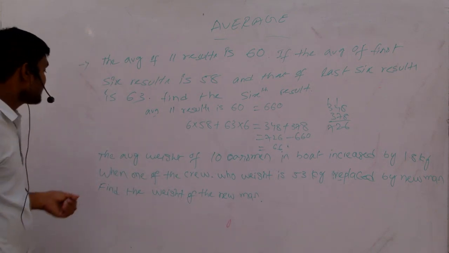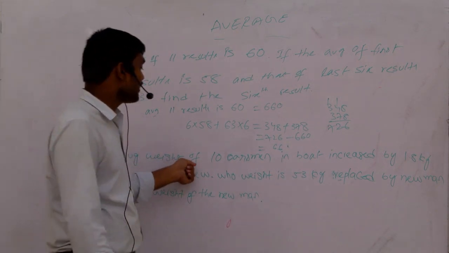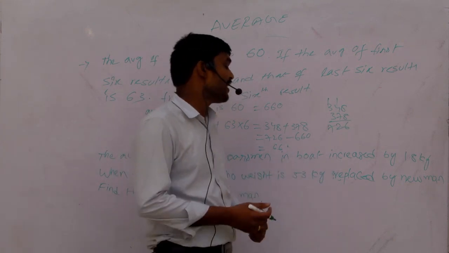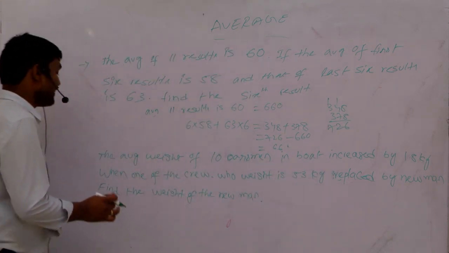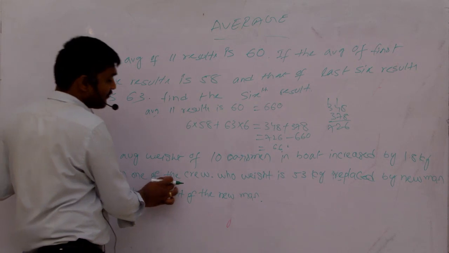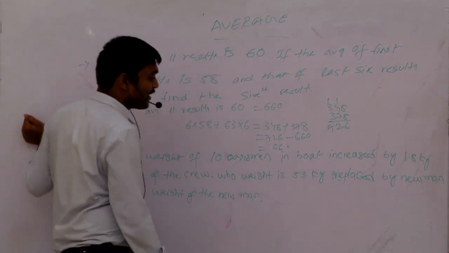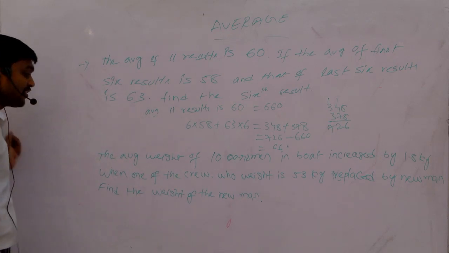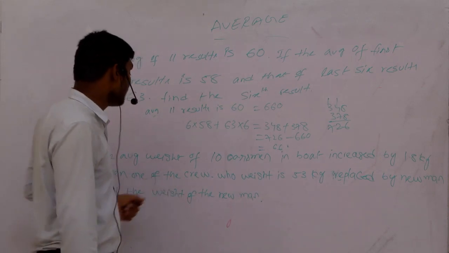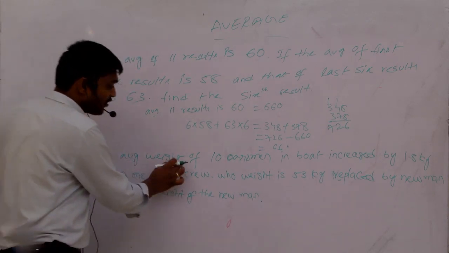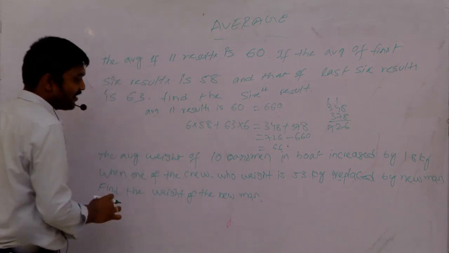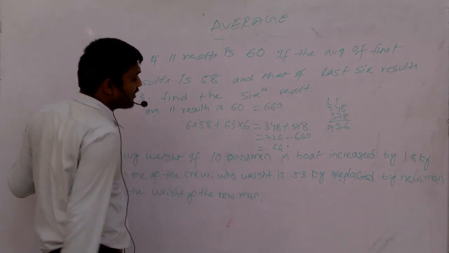So the next example: the average weight of 10 oarsmen in a boat increased by 1.8 kg when one of the crew, whose weight is 53 kg, was replaced by a new man. Find the weight of the new man. So here, very simple, the average weight of 10 oarsmen in a boat increased by 1.8 kg.